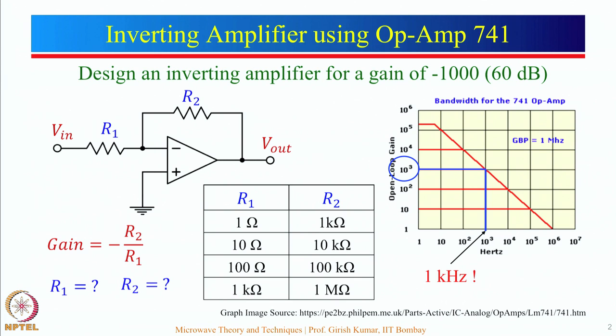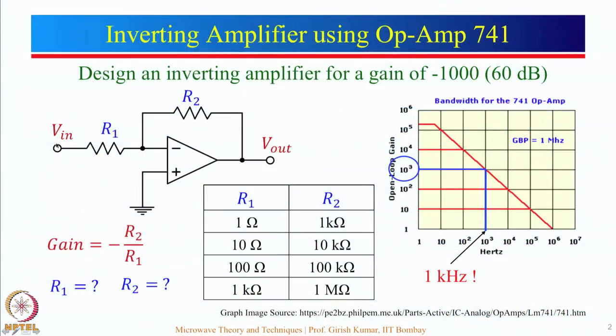Another thing which I would generally recommend, that for most of these applications it is better to design a non-inverting amplifier. We would be giving input at this particular point, and this would be grounded. In that particular case, gain will be given by 1 plus R2 by R1. So here the advantage is, if we give input here, input impedance is very high. So one can realize a high input impedance amplifier.